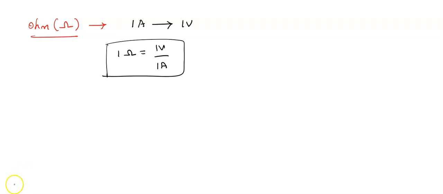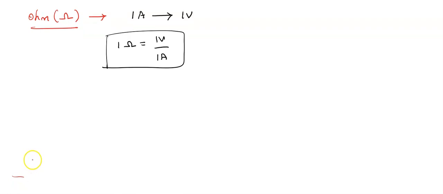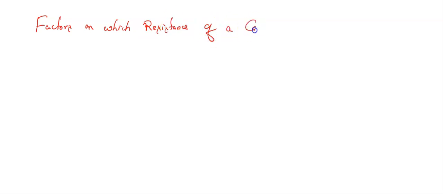Okay, done. Children, now we are coming to a very important question for your board exam. So this question you can expect for this academic year. That is nothing but factors on which the resistance of a conductor depends.